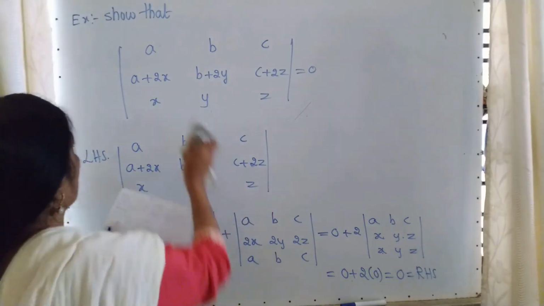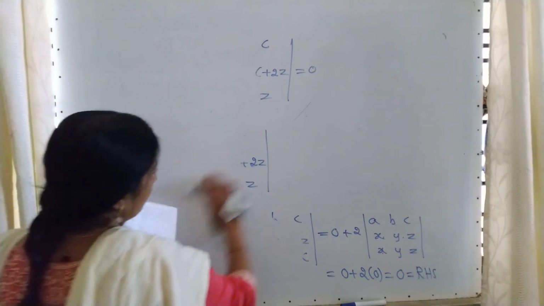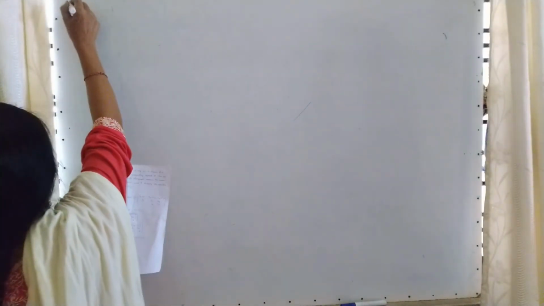Moving to the next property. That is property number 6.